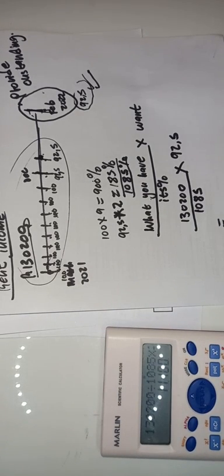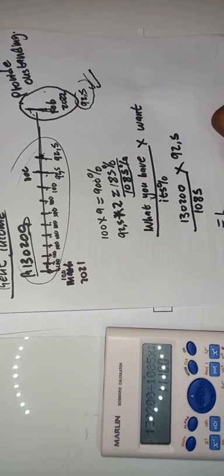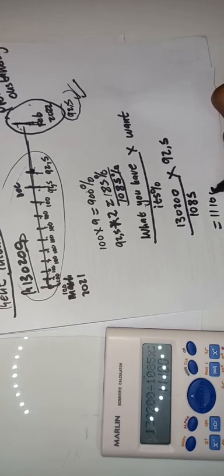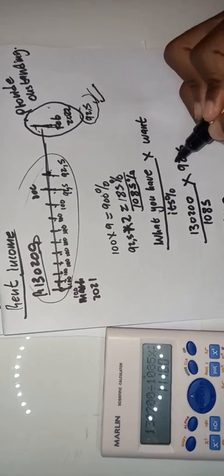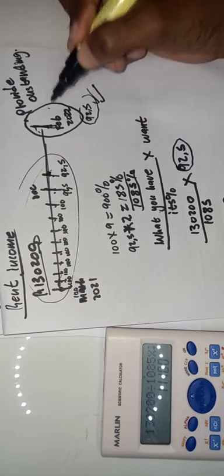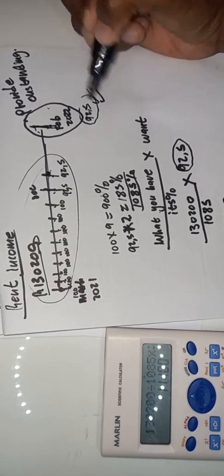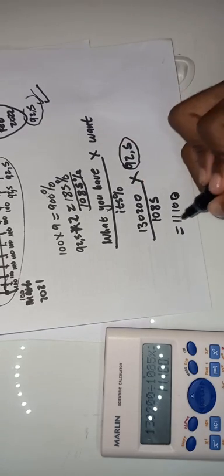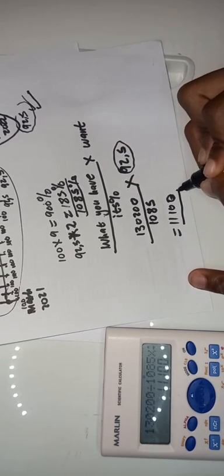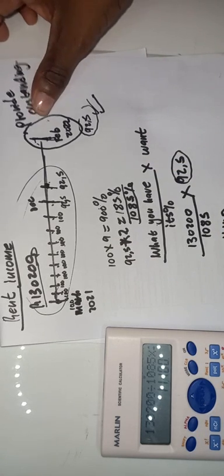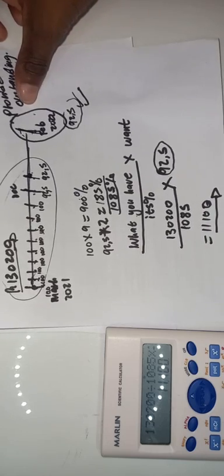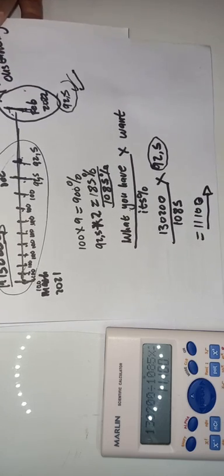That's the 92.5% that we wanted. That's it. So the rent for February is 11,100. We're going to add it there on our answer book. That's rent.